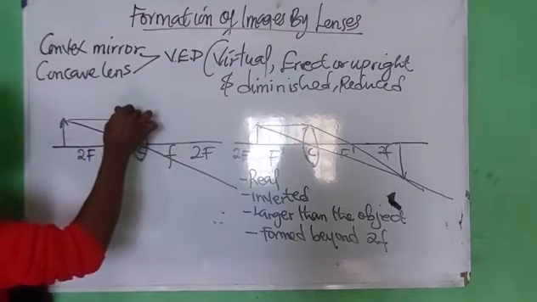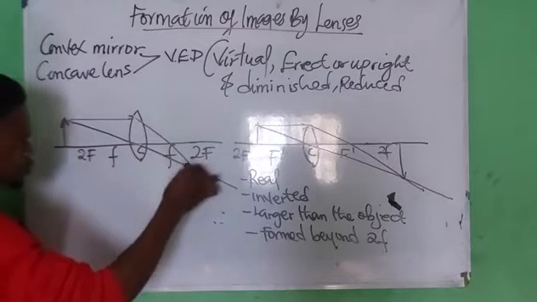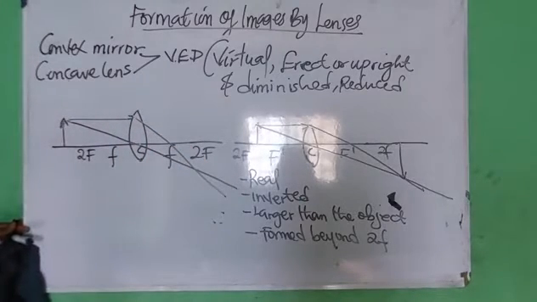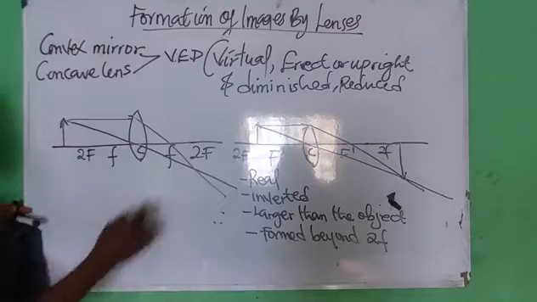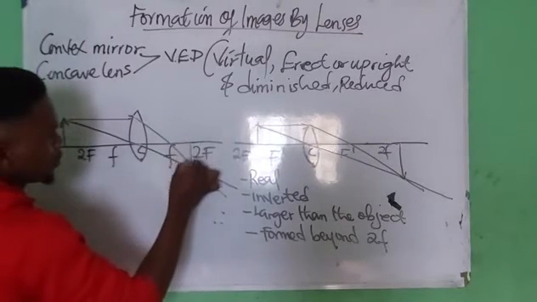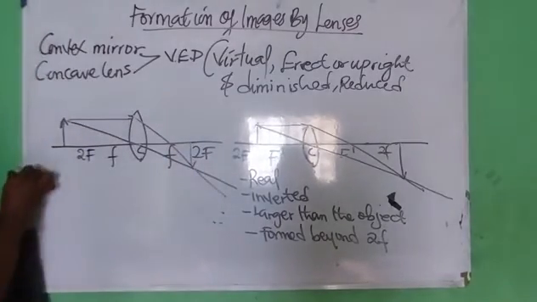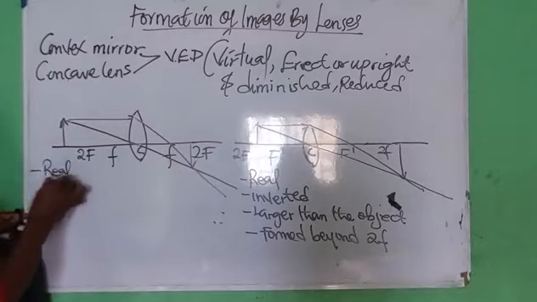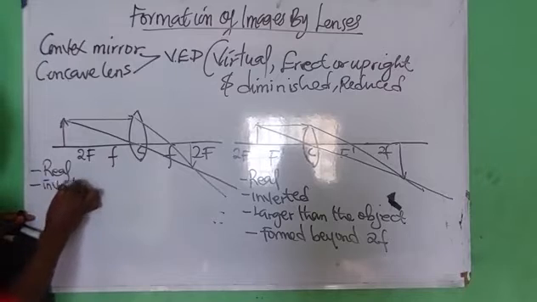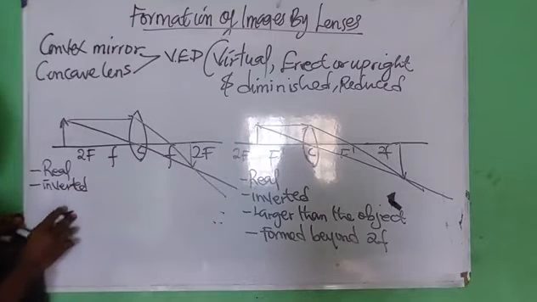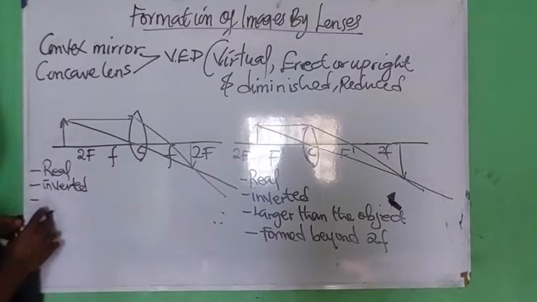While this other one cuts through this region. So what would you observe? Where is the image formed? One, the image is definitely real, upside down, inverted, which one again?